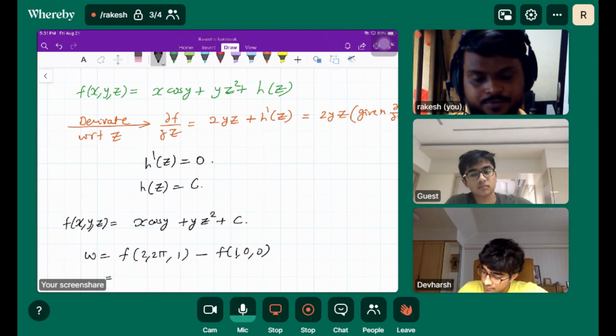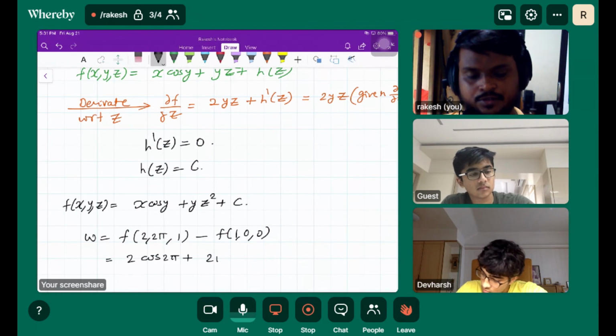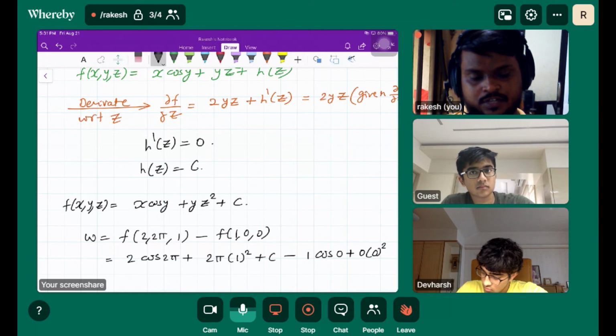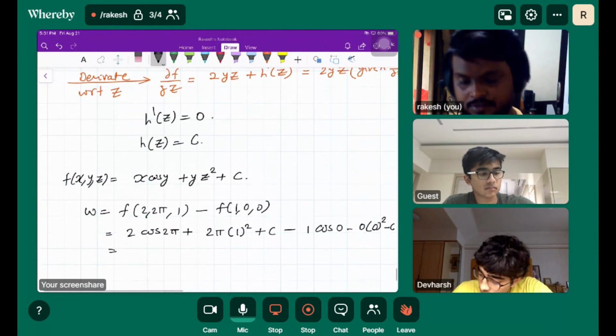So this will give you 2 cos 2 pi plus 2 pi 1 square plus c minus 1 cos 0 plus 0 times 0 square plus c, and this is also minus actually. I think the answer is 1 plus 2 pi, right?